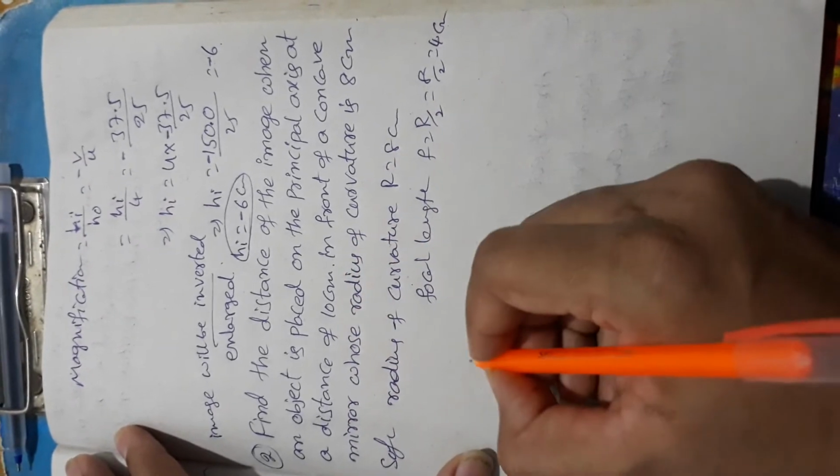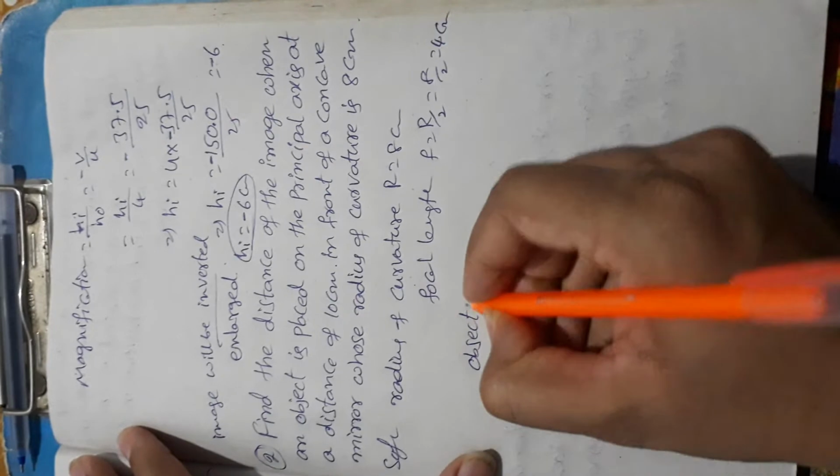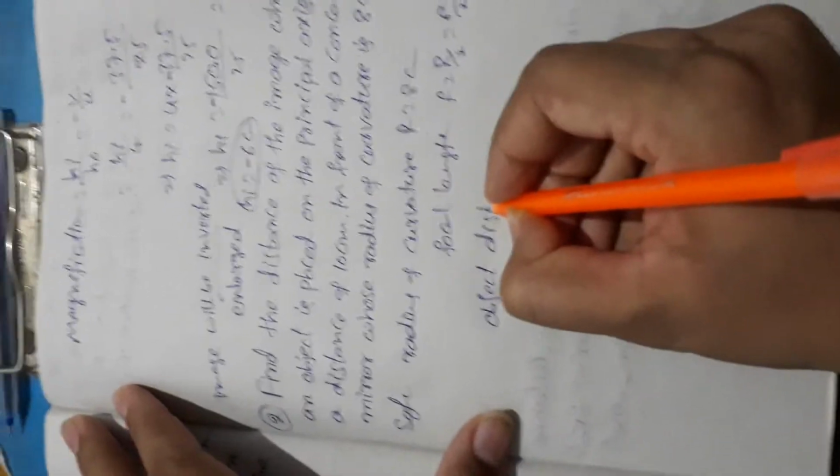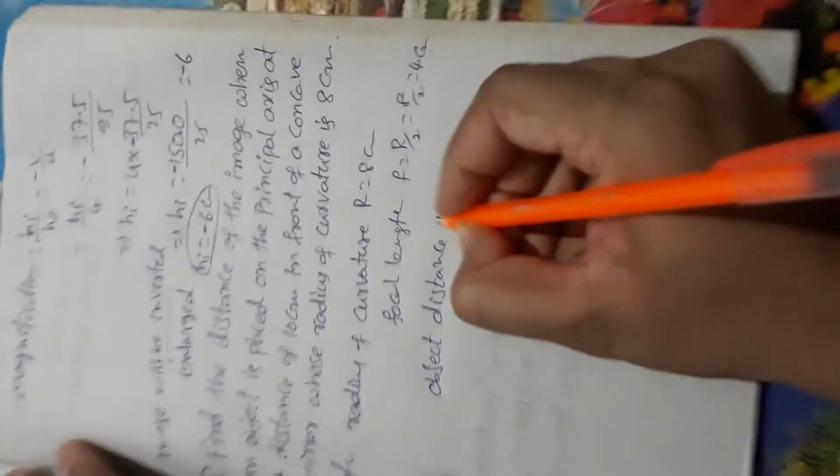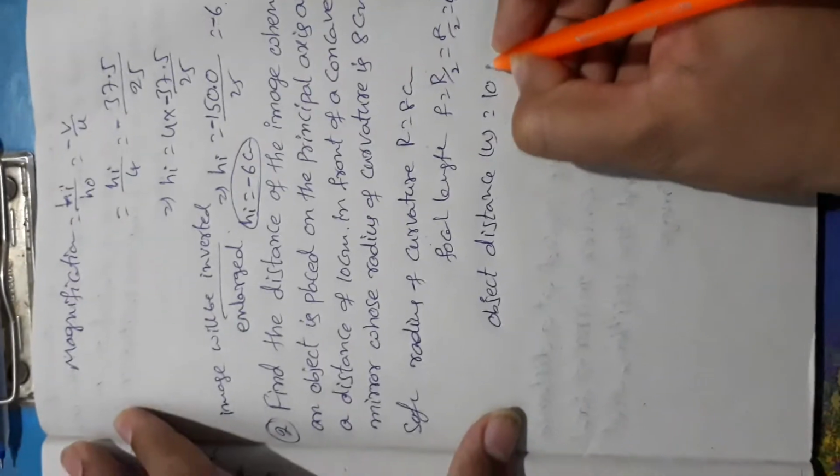And we know the object distance. Object distance U equals 10 centimeters.